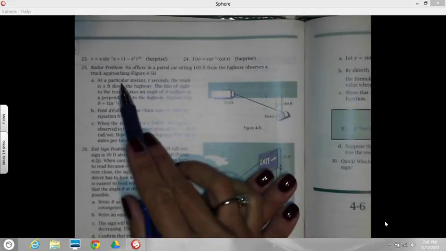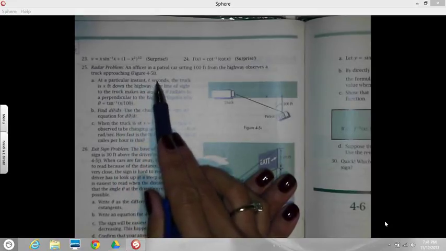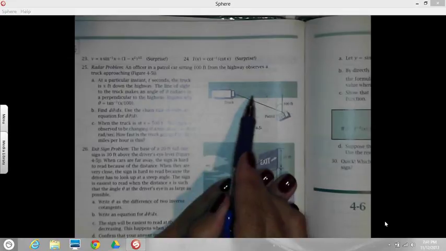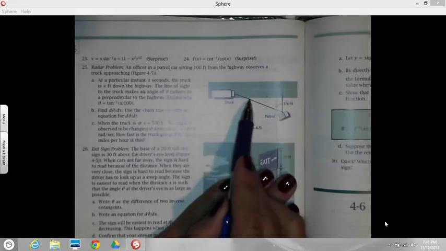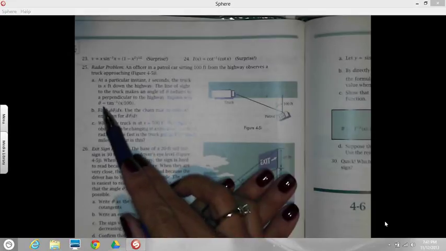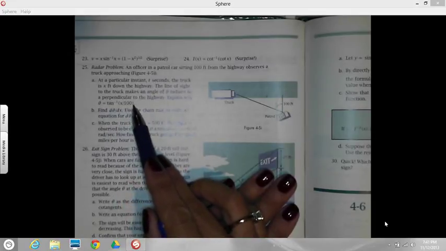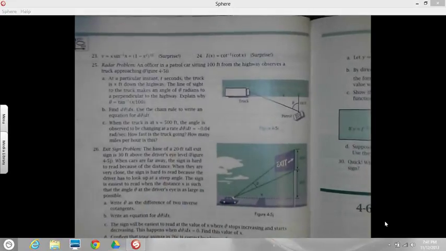So at a particular instant t, some time value in seconds, the truck is x feet down the highway. The line of sight to the truck and that perpendicular line, they're calling the angle theta. It says explain why theta equals the inverse tangent of x over 100. So I'm going to rewrite that triangle and work on the problem here.